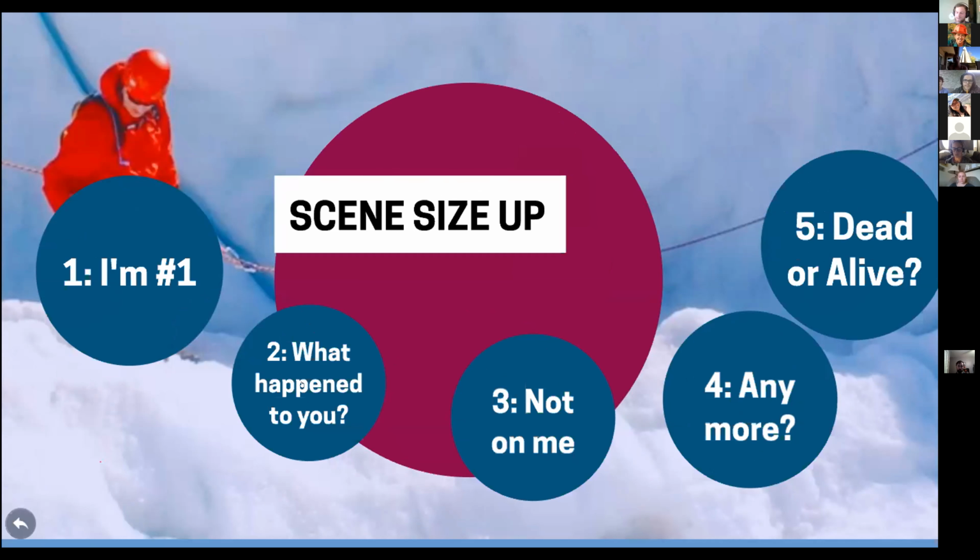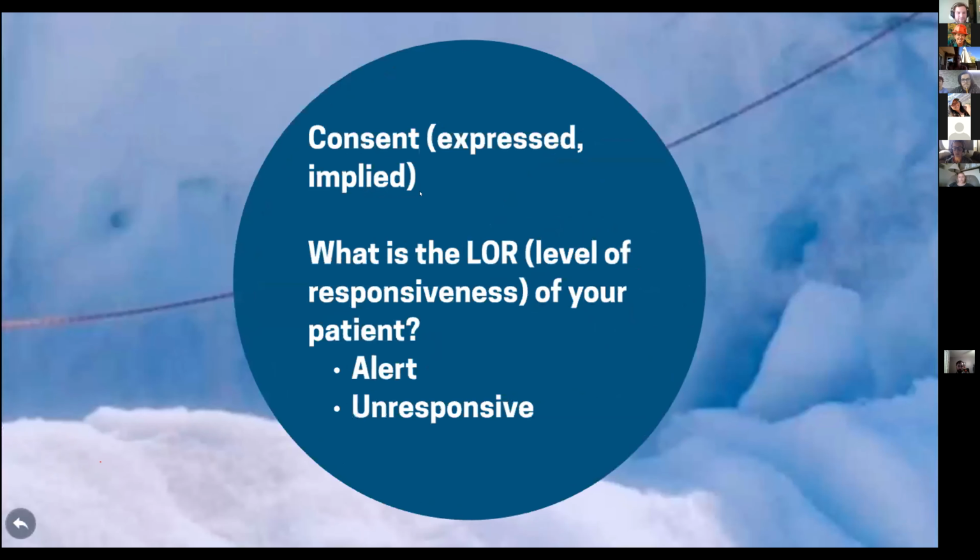You need to determine what sort of injury you're dealing with from a distance. You can gather more information about that as you go through your patient assessment, but here you're just forming a quick impression. You need to make sure you have your body substance isolation on, your PPE on. You need to determine the number of patients before you get caught up interacting with your patient at the 5 dead or alive phase. So last step here in the scene size up, 5 dead or alive.